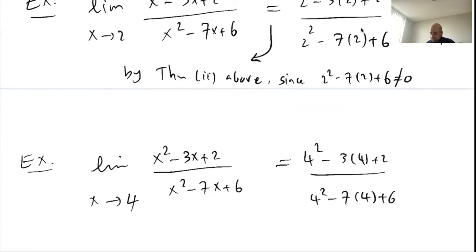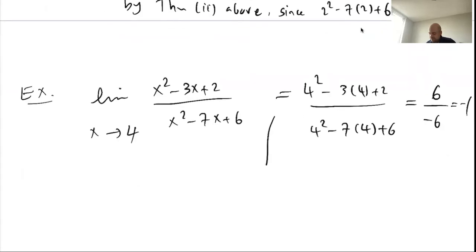How much is this? 16 plus 2, 18, minus 12 is 6, divided by 16 minus 28, which is minus 12, plus 6 is minus 6, so the answer is minus 1. Again, that's okay. Again, we are allowed to replace x with a, because the denominator is not 0 at the point. So as long as the denominator is not 0 at the point, just feel free to replace x with a.